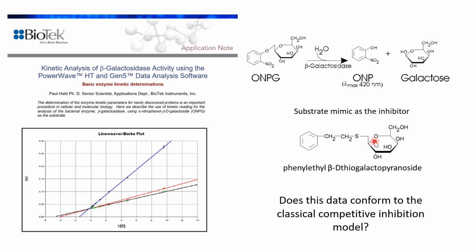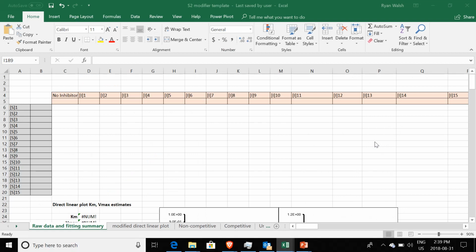And so the big question is, does this data actually conform to the competitive inhibition model, or the classical competitive inhibition model? Go now to the template I've developed for looking at this.